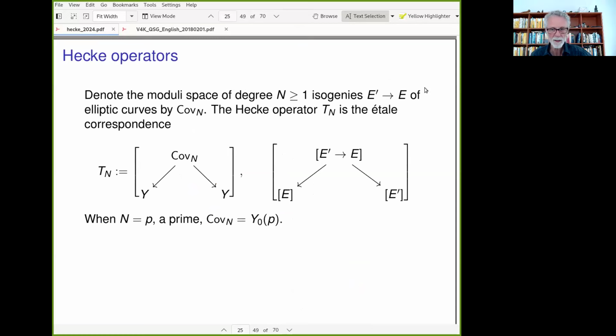This has two projections to our modular curve Y. You can take the correspondence E prime to E and map it to its target or its source. And that is the standard Hecke correspondence Tn. I should point out, cov n is connected if and only if n is square free. And in the case when n is prime, cov n is just the modular curve Y0(p).